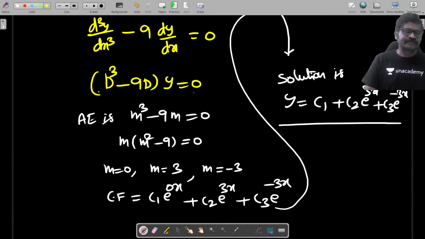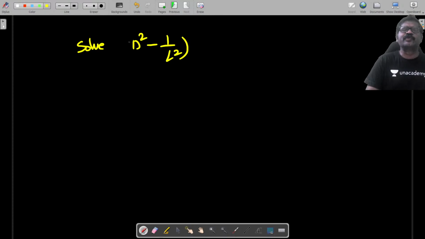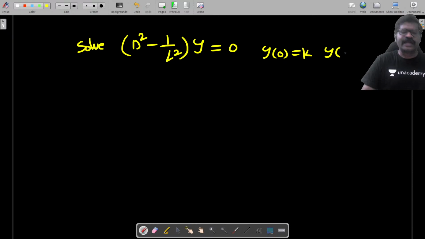Next, now solve the differential equation d square minus 1 by L square of y equal to 0, with y of 0 equal to k and y of infinity equal to 0.